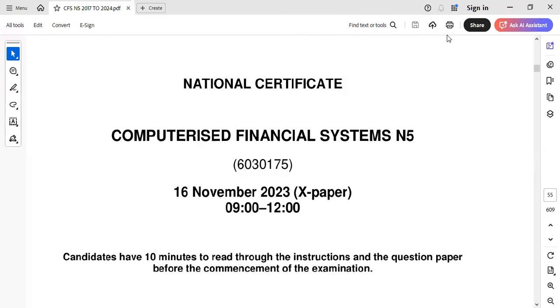Hi people, we are still on this question paper, 2023 November for CFS and 5. So we are still busy with our ratios, and we are supposed to continue.